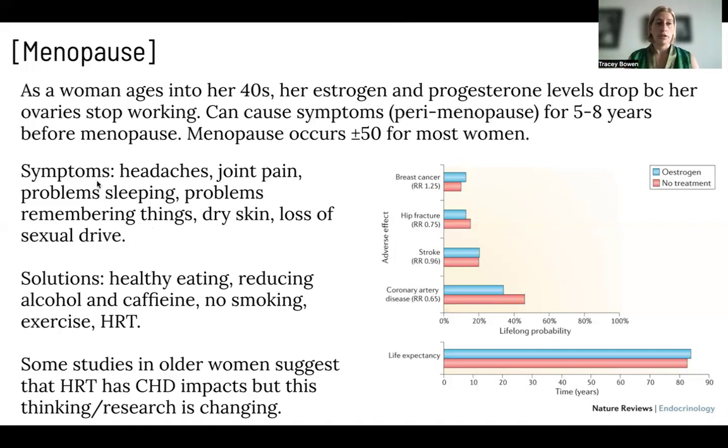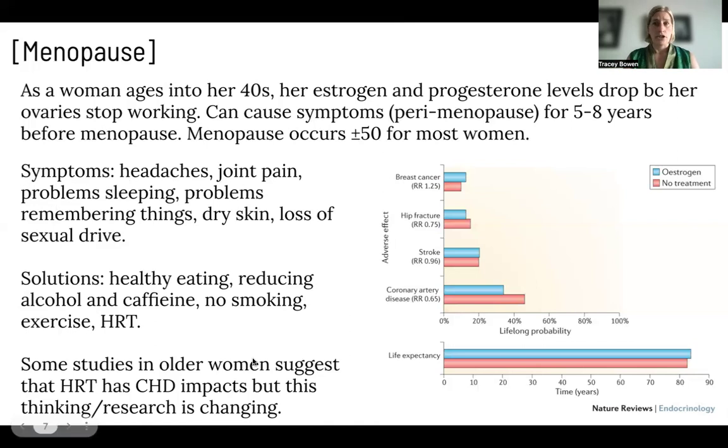Additionally, another symptom in here is very commonly depression, as well as extremely increasing anxiety. And if you already had mental health issues, they can be exacerbated, made worse in this time frame. So HRT can really, really help with that.